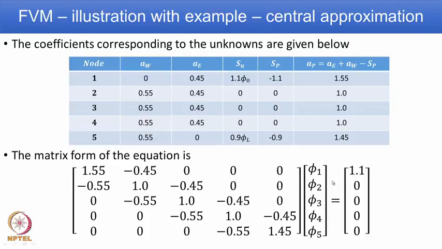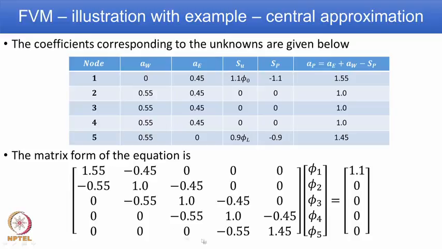If you look at this matrix, there is one main diagonal with elements 1.55, 1.0, 1.0, 1.0, 1.45, and there is an immediate super diagonal and immediate subdiagonal. All other elements in this matrix are 0, both above as well as below.